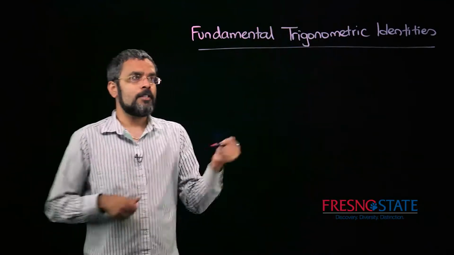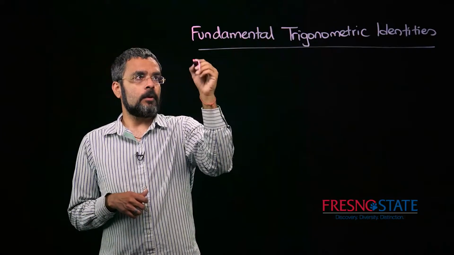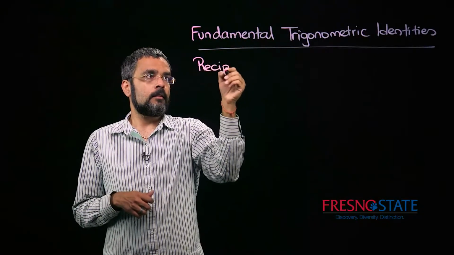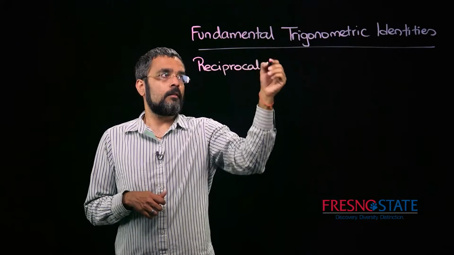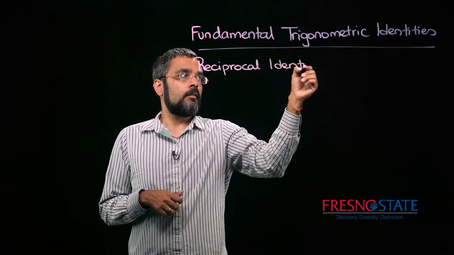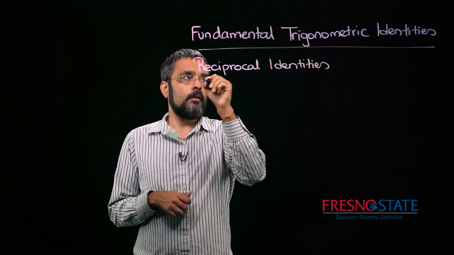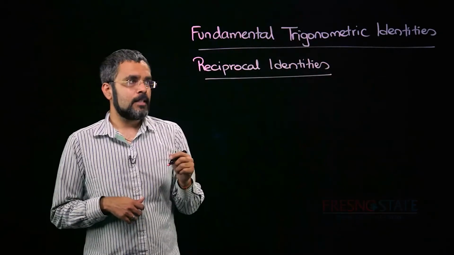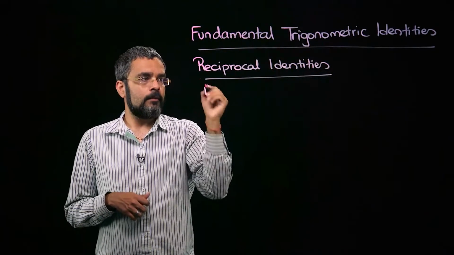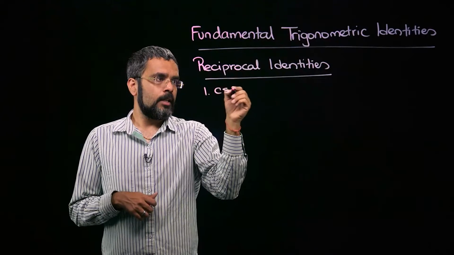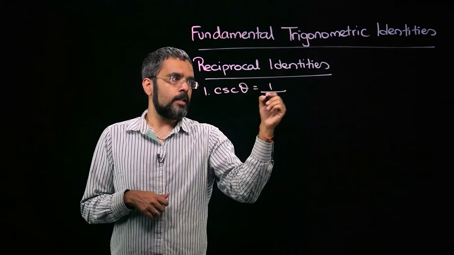All right, so the first thing we're going to do is talk about the reciprocal identities. Okay, and we have 6 reciprocal identities. The first one we have is cosecant theta is 1 over sine theta.